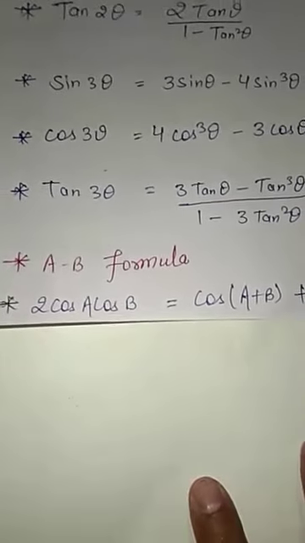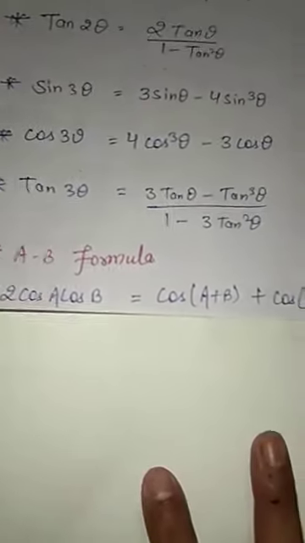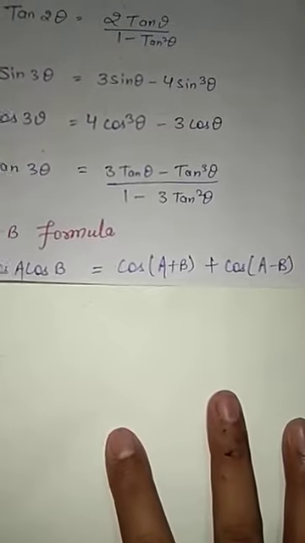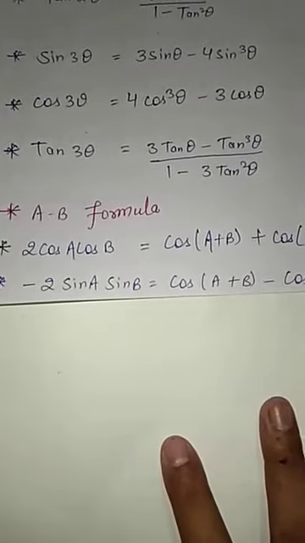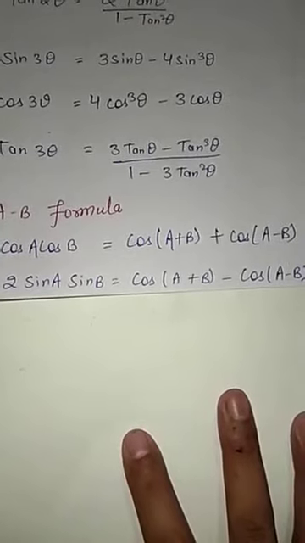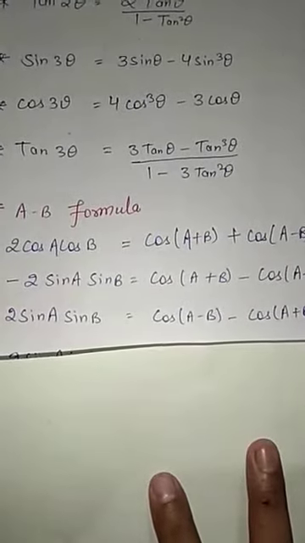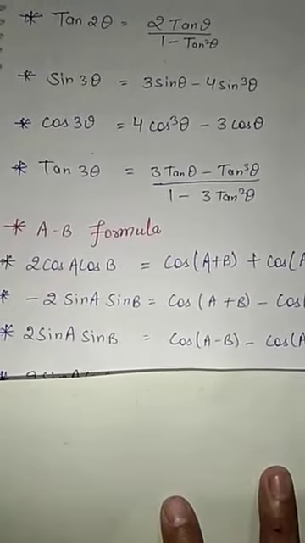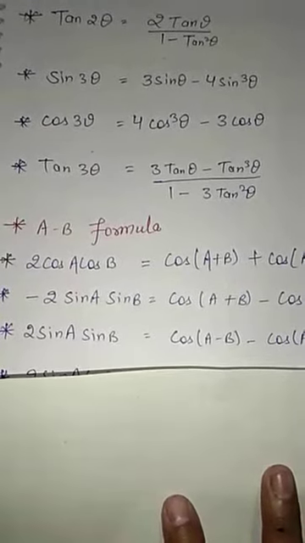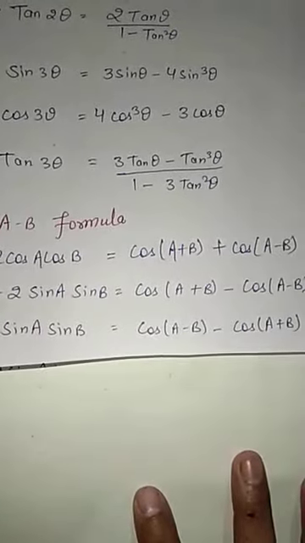2 cos A cos B changes into cos A plus B plus cos A minus B, and minus 2 sin A sin B changes into cos A plus B minus cos A minus B. 2 sin A sin B is the same formula, but here there is a minus sign, and the second one has no minus sign, so it is cos A minus B minus cos A plus B. When the negative sign is at the start, the value is cos A plus B in front and cos A minus B at the back.